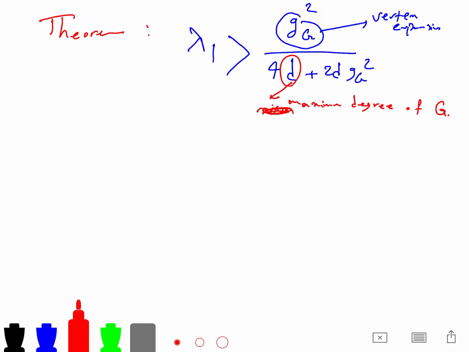But before I talk about their theories, I would like to start with another perspective to spectral graph theory, which is random walks on graphs.